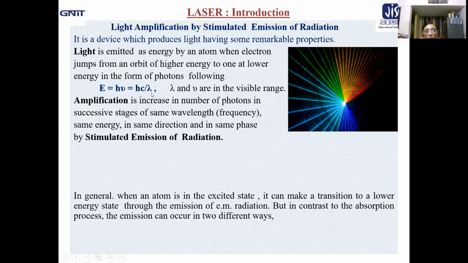Lambda is the corresponding wavelength. Obviously, when you are talking about light, you must consider that lambda and nu, that means wavelength and frequency, must be in the visible range.